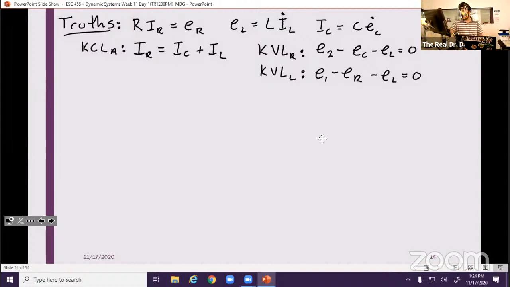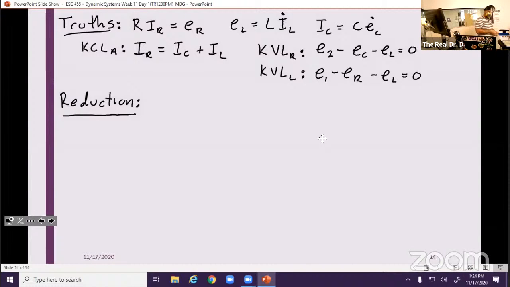Let's do that. Now you can start with whatever equation you like, right? But what we do know is that we need one overall overarching equation in terms of I_L for this entire system, because that's what we were asked for, right? We want everything in terms of I_L at the end.